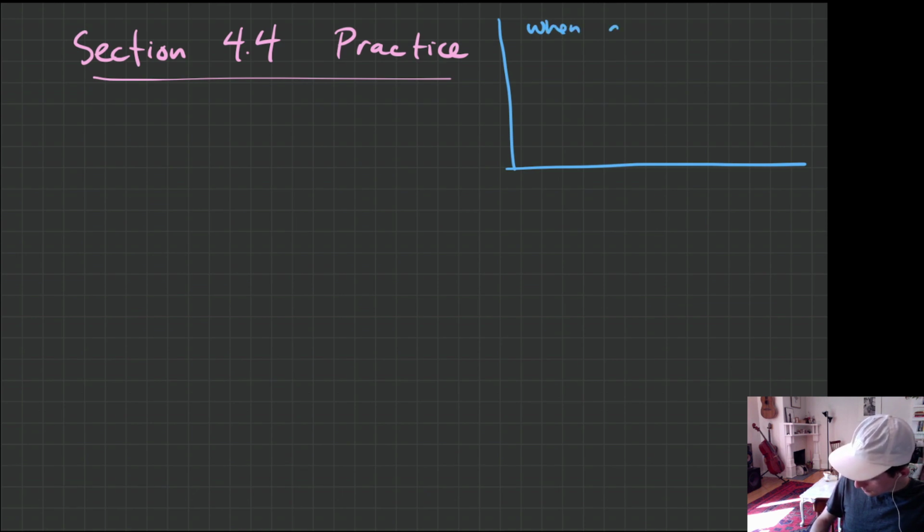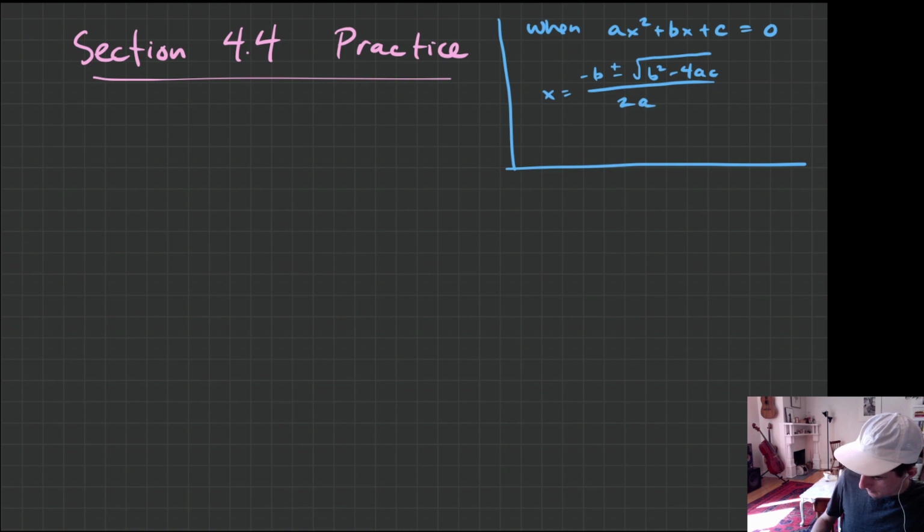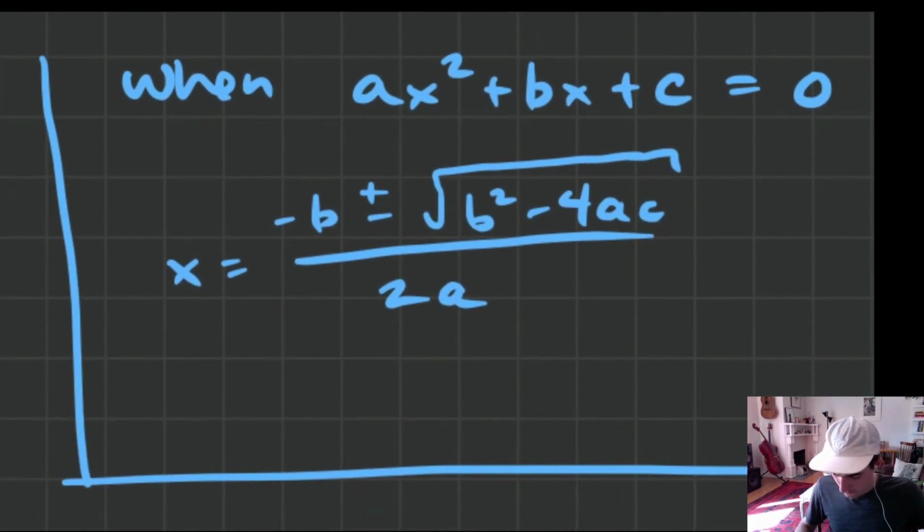When ax squared plus bx plus c is equal to 0, we get that x is equal to negative b plus or minus the square root of b squared minus 4ac, all over 2a. That is the quadratic formula.